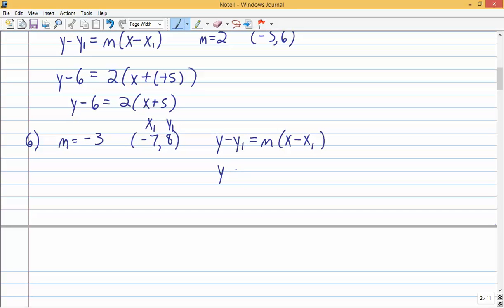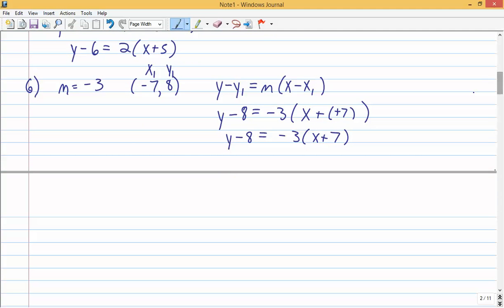So this is y minus 8 equals, the slope is negative 3 times x minus negative 7. And where I have minus and negative, I put a plus. So I have y minus 8 equals negative 3 times x plus 7. Now that's point slope form. If you look down there, that answer is probably going to be down there, or something very similar.